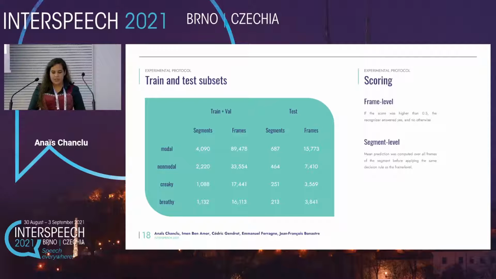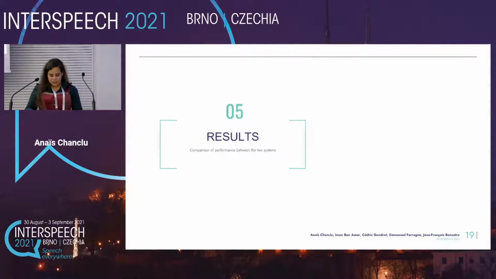Decisions were made using a simple rule. If the score was higher than 0.5, the recognizer answered yes, and otherwise it answered no. Performance at the segment level was also computed using the mean prediction over all frames before applying the same decision rule. Let's now move on to the results.